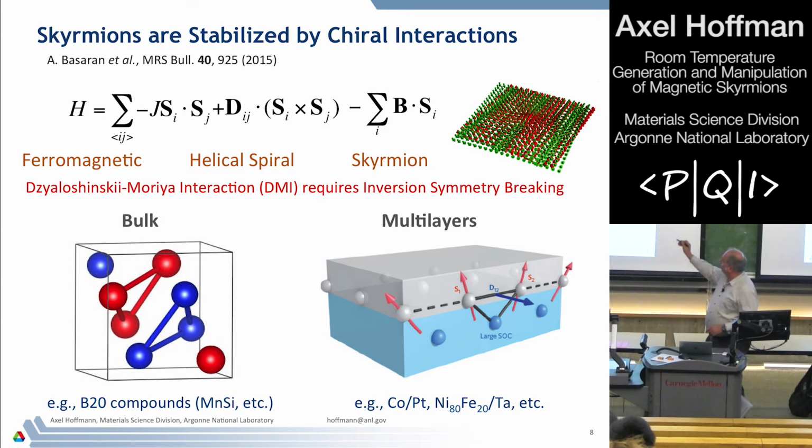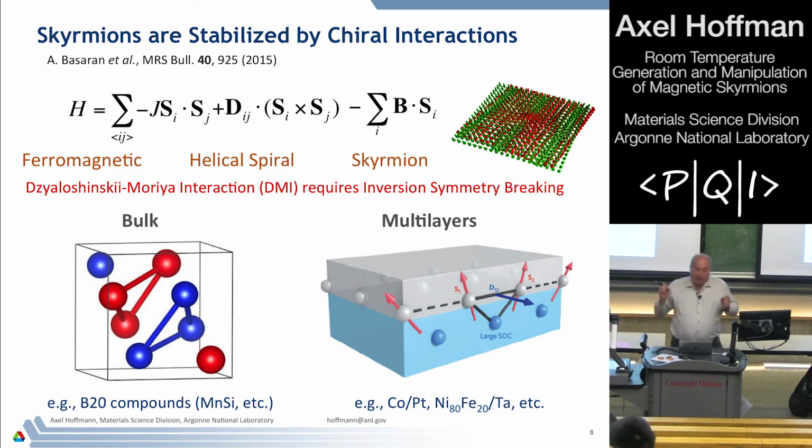And here, this interaction likes spins to be either parallel or antiparallel, while this interaction prefers to have spins perpendicular to each other and with a well-defined chirality. If the first spin is like this, the next one wants to be like that, not that, depending on the sign.